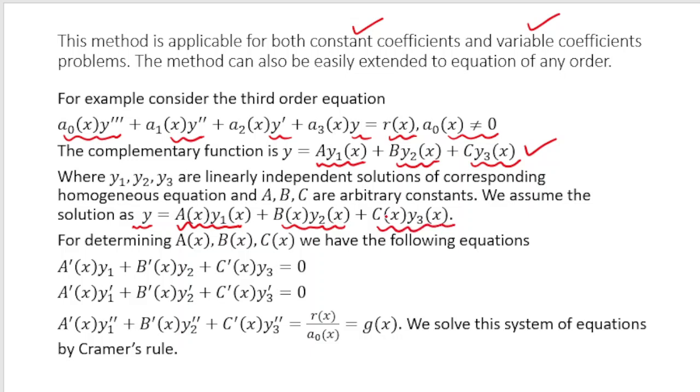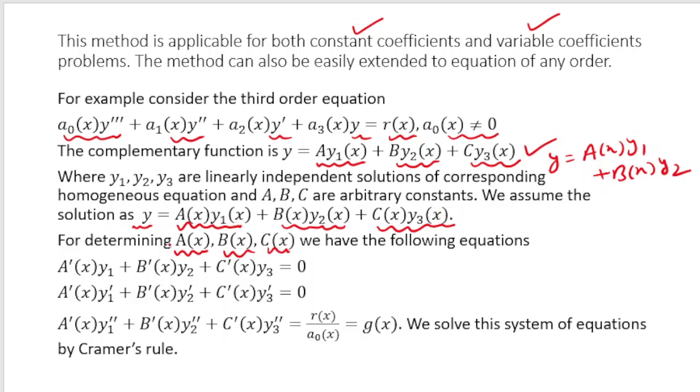And it is not a different way, like in the second order also I was writing the solution like a(x) into y1 plus b(x) into y2. But while doing the problem solving, I was calculating the PI separately, right? But here we are going to look at the general solution like this: a(x) into y1(x) plus b(x) into y2(x) plus c(x) into y3(x).